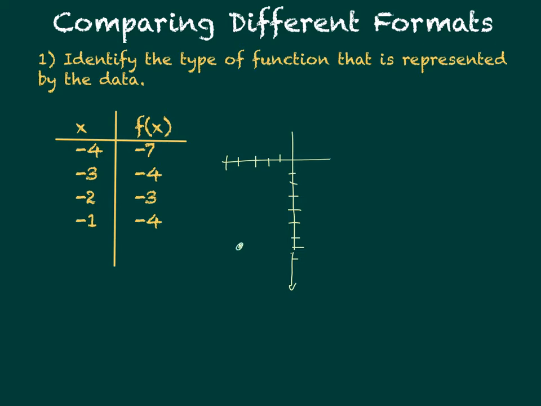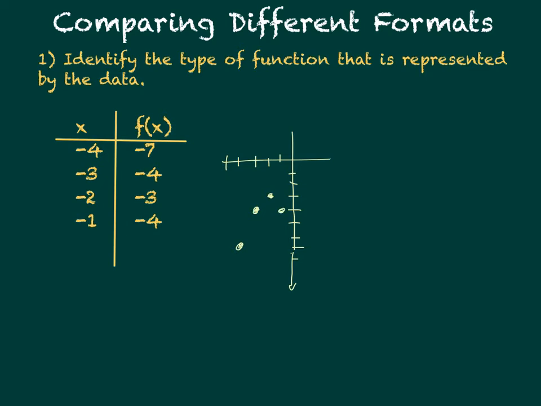So we're about right there. And then at -3, we're at -4. All right, and then at -2, we are at -3. And then at -1, we're at -4 again.